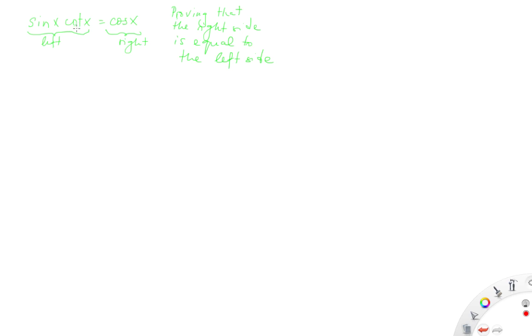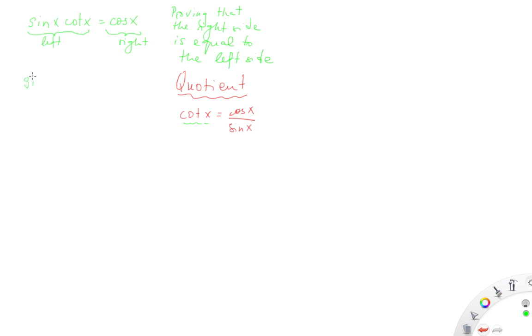I think about the quotient identities, and the quotient identity says that cotangent of x is equal to cosine of x over sine of x. I'm going to substitute cotangent of x with this expression.